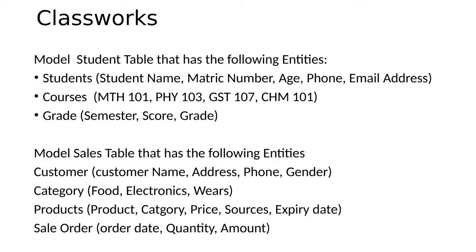The second one is data type. The third one is width. The fourth one is constraint. And the last one is description.